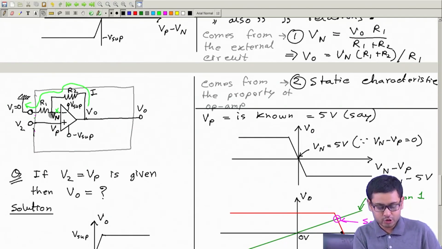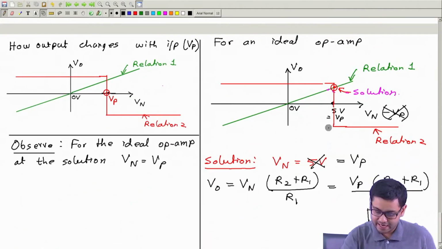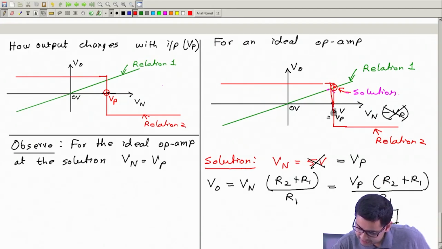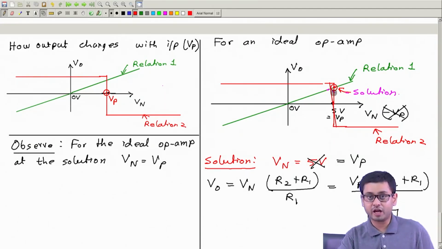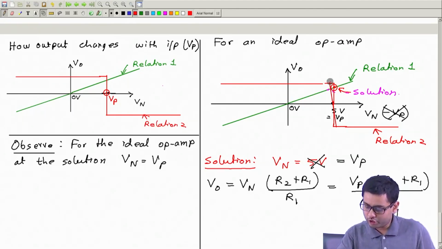So there is no actual shorting between these two points, yet they are at almost the same potential, not at exactly the same potential, because this line is not exactly vertical, it is slightly tilted. How much tilted? That depends on how good the op amp is. For a perfect op amp, this is perfectly vertical. For a good op amp, this is very much vertical.